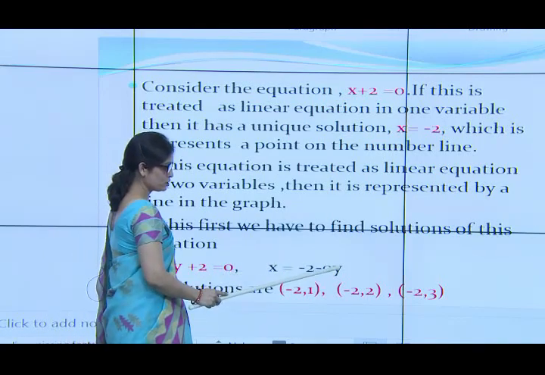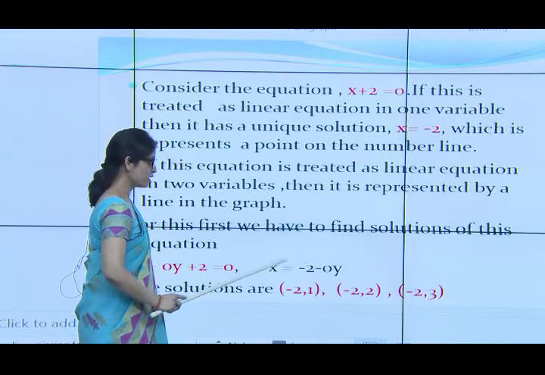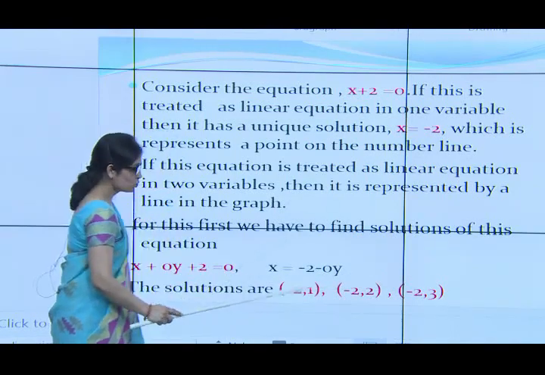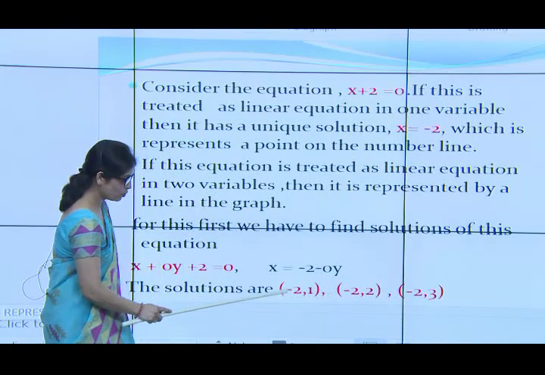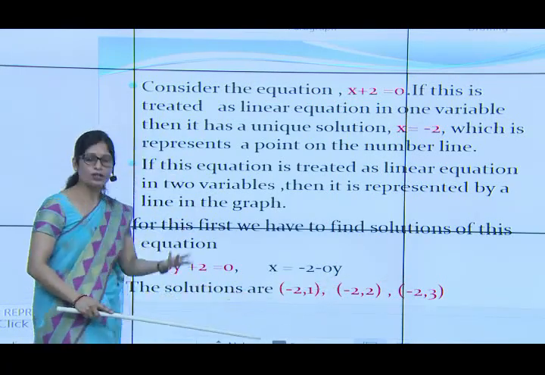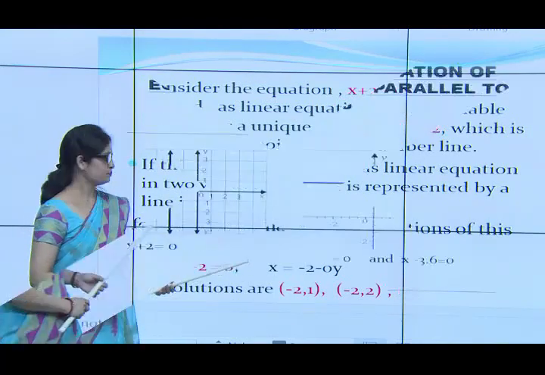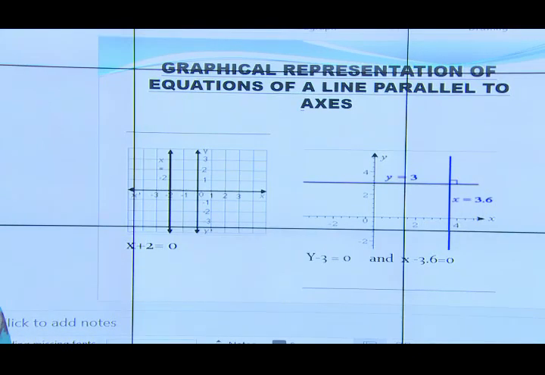If we put y equals 5, again 0 into 5 is 0, so ultimately x equals minus 2. We can observe from these three points that the x coordinate is the same, but the y coordinate keeps changing. So this is the graph of the equation x plus 2 equals 0.